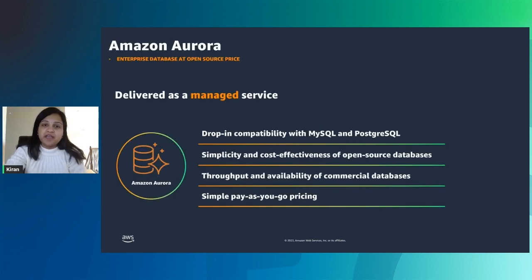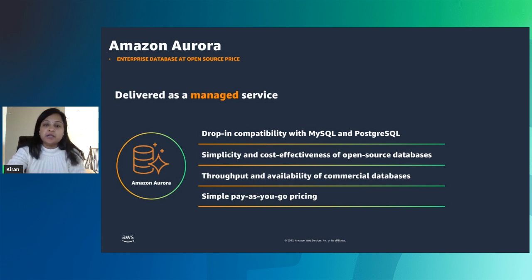To give a quick introduction about Amazon Aurora: Amazon Aurora is a database that we built ground up for the cloud. It offers the simplicity and cost effectiveness of open source databases, and the speed of the commercial databases. Amazon Aurora comes with drop-in compatibility with MySQL and Postgres.